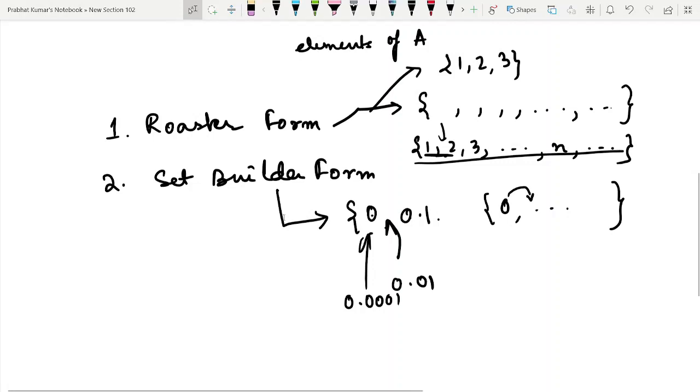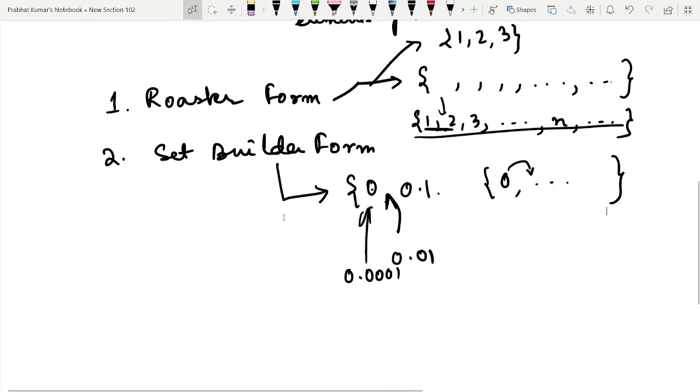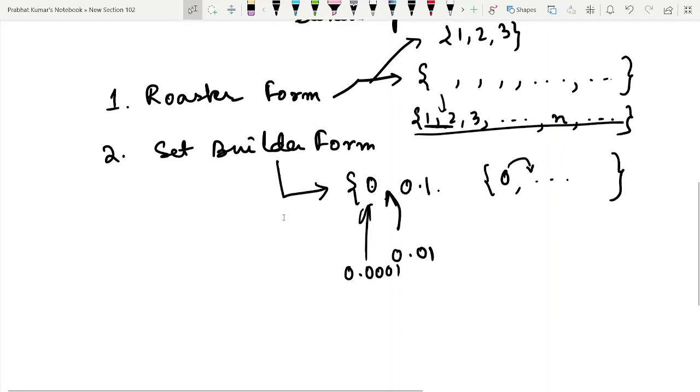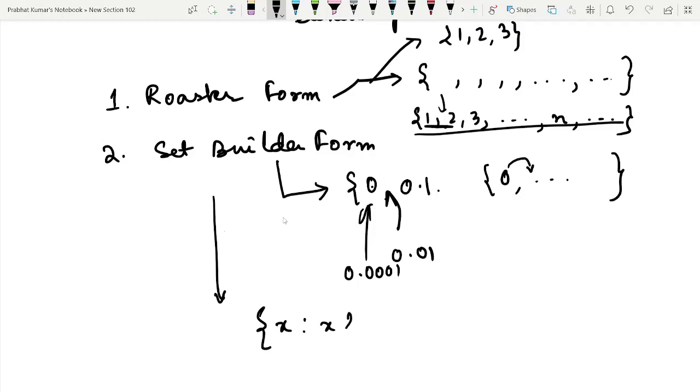So we need a different kind of representation, the set builder form. What we do in a set builder form is write it in this way: you define a variable, and then this variable has some property. Let's elaborate this.